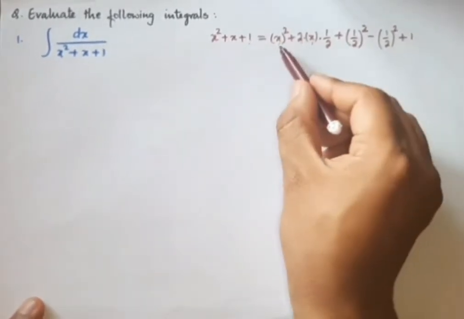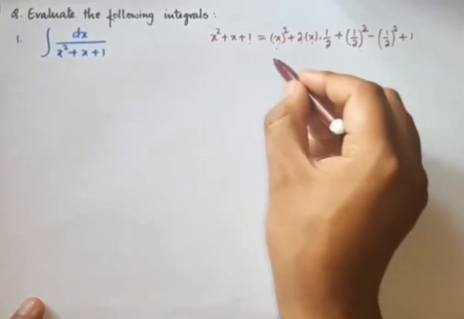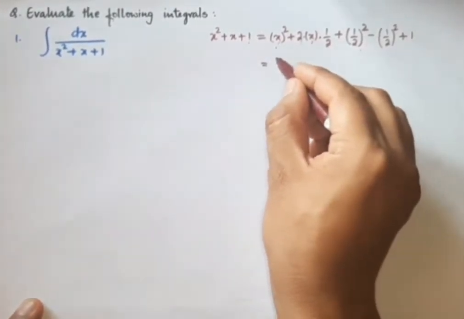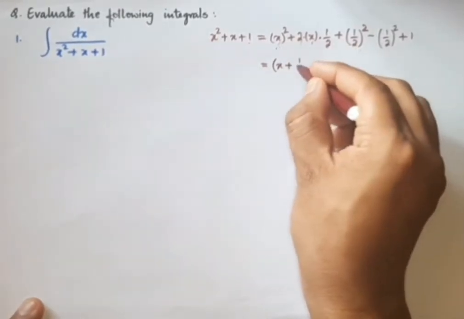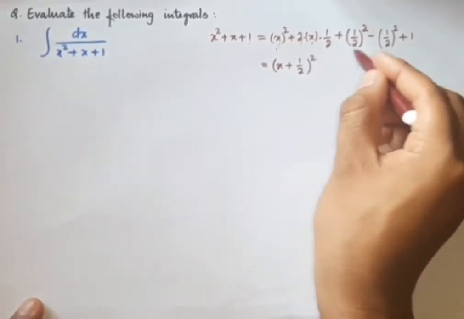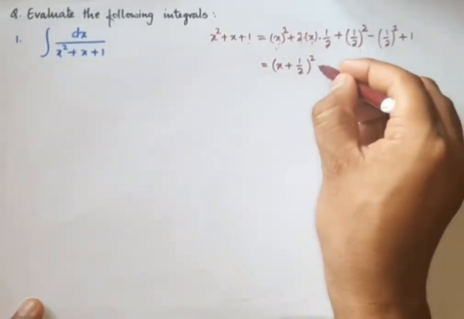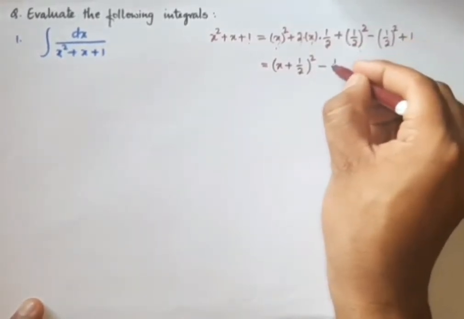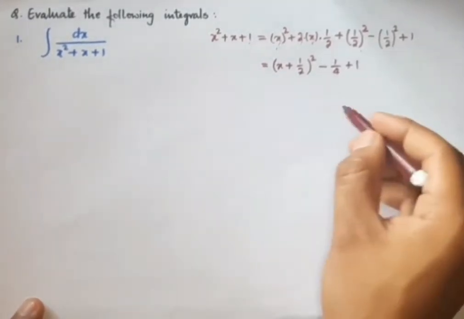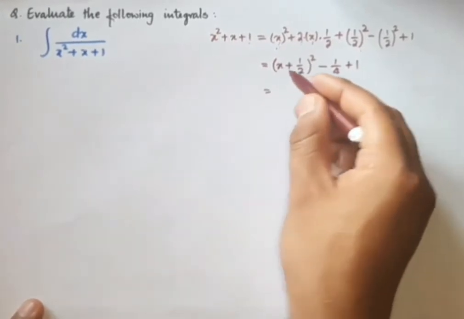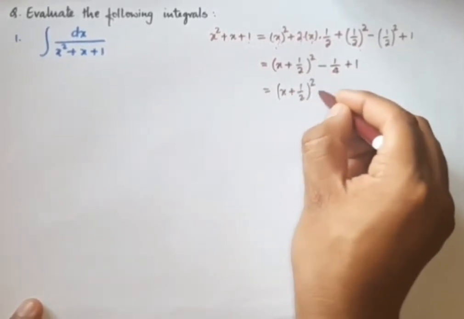Now we know that from here to here is (a plus b) whole square, so this will be written as x plus b, that is half, whole square. From here to here we have simplified. Now minus half squared is minus 1 by 4, plus 1, so this can be written as (x plus half) squared.